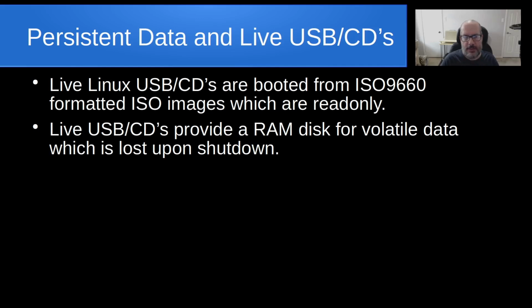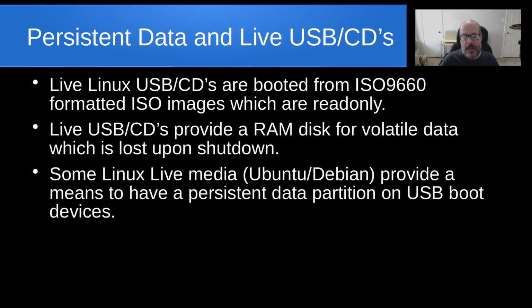So really, it is not persistent data storage. Some Linux live media, for example Ubuntu and Debian, provide a means to have a persistent data partition on USB bootable devices, but that's not always very easy to create.